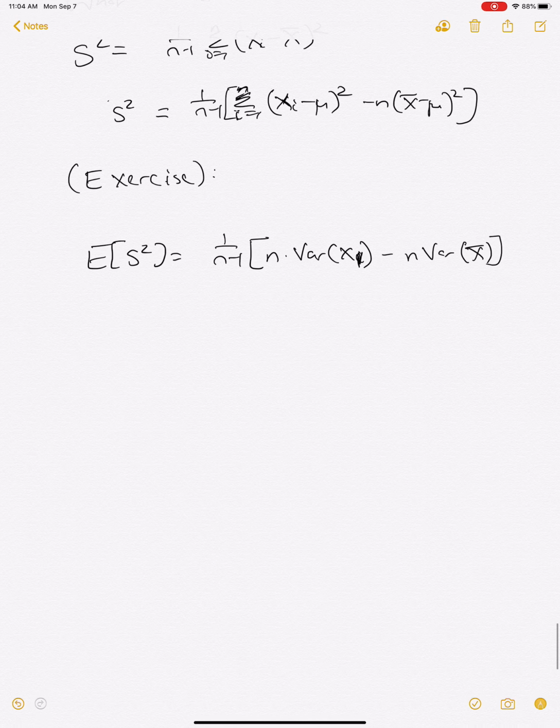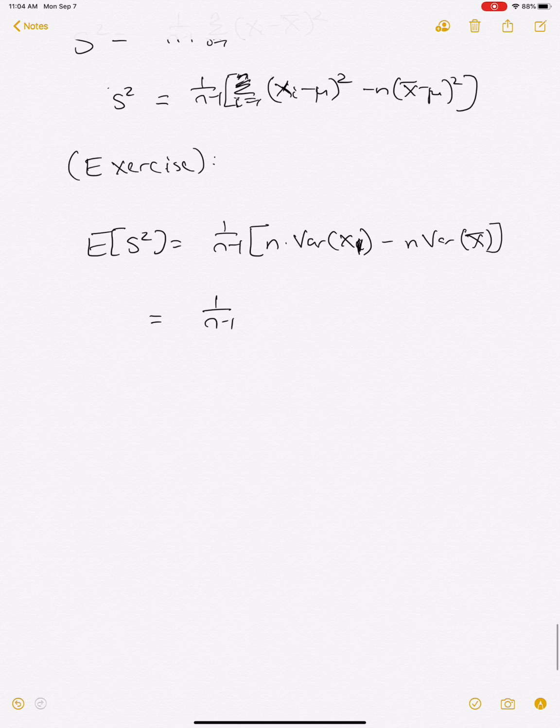Okay, and so we know that this is going to be 1 over n minus 1, and then n times sigma squared. And then we're going to subtract off n times sigma squared over n. So this is using the formula we already had from the variance of x bar, that tedious calculation we did earlier.